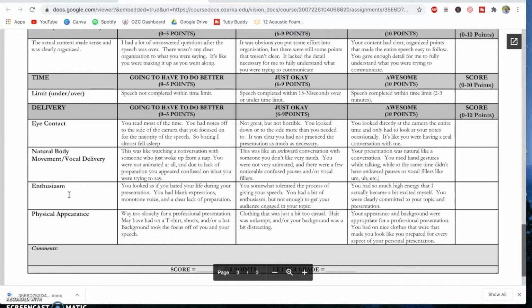I've had students in the past tell the audience stories in this speech about winning a game, and they had so much, or so little rather, enthusiasm that it was really one of the most boring stories I ever had to sit through, which is very ironic because this should have been a very exciting story. So you need to really work on your eye contact, your vocal delivery, your enthusiasm, and your physical appearance.